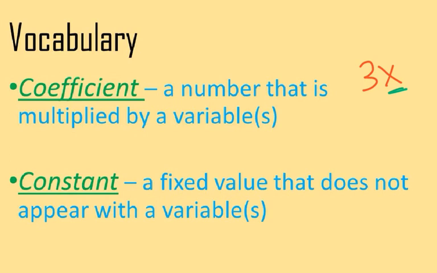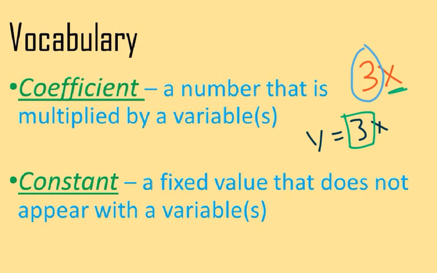And since this x is written right next to the number 3, being multiplied by 3, the 3 is by definition called a coefficient. So the 3 is the coefficient. If I were to write it in equation form, y equals 3x, again, the 3 is the coefficient.